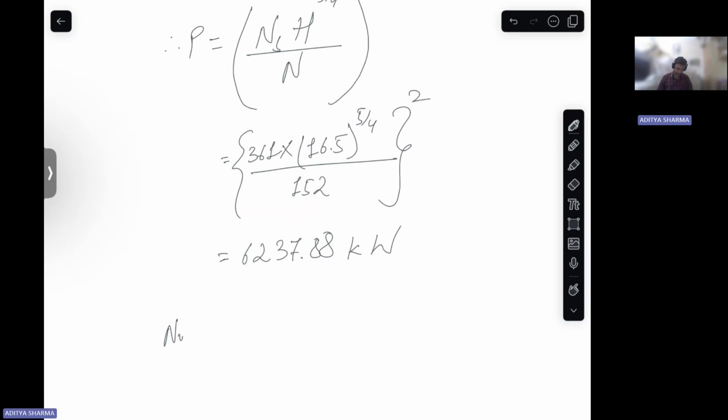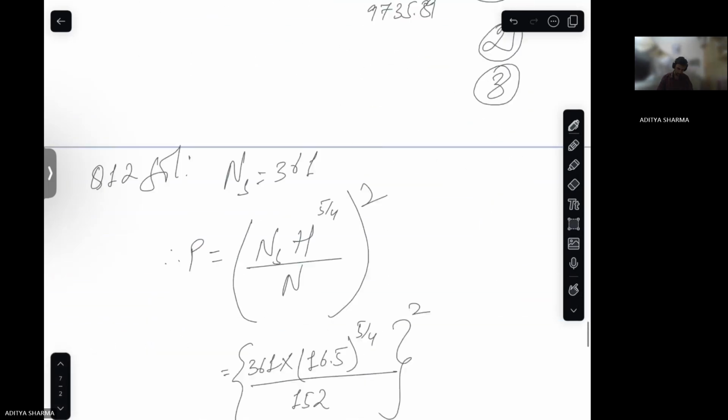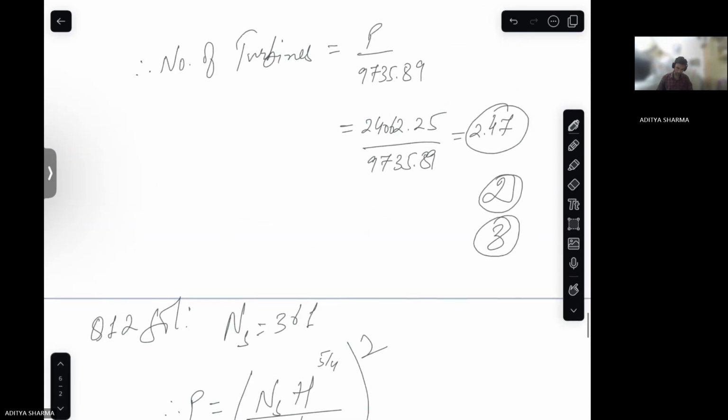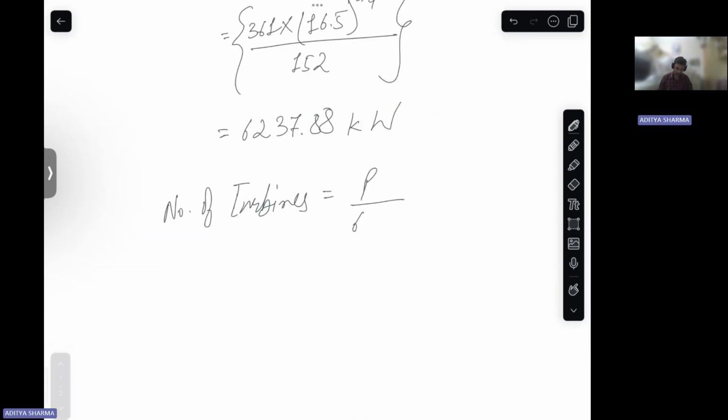Then number of turbines. Yes. P by 6237.88. So if you find this out, this will be 3.85. So this is less than 4. So now turbines cannot be in fraction.